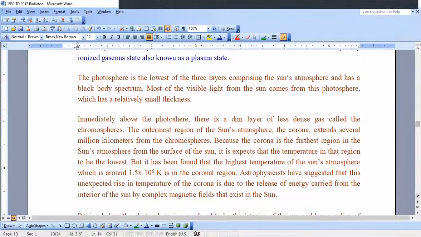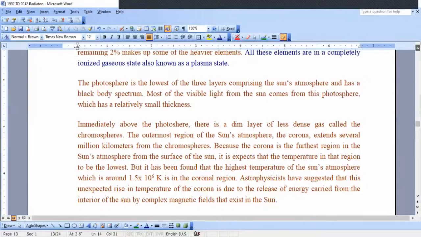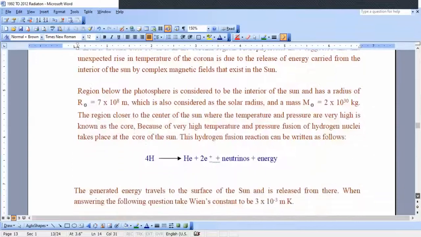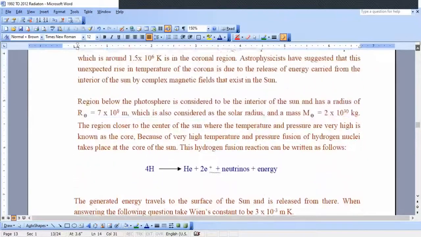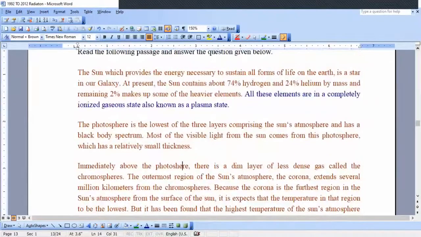So let's write it there. Let's write the answer for Roman number 1. What is meant by the plasma state of matter?